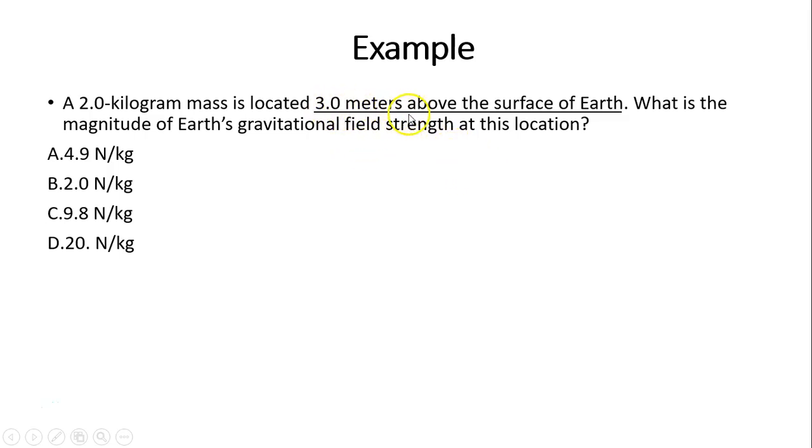Anything about 100 meters or more, I'd still consider around the Earth's surface. We can consider the gravitational field strength g around Earth's surface, which is 9.8 newtons per kilogram. So that is the answer. You can also use the equation to figure it out, and you will get the same value.